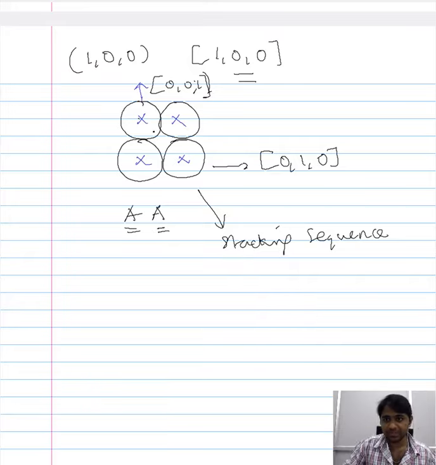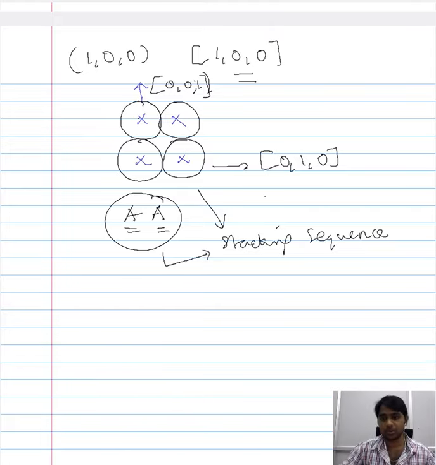So we have assigned AA because in both these layers the atomic positions are identical, and so there is not much change in the arrangement of the atoms. We have assigned the same name to both these layers, and this way of representing the arrangement of the atoms is called the stacking sequence.